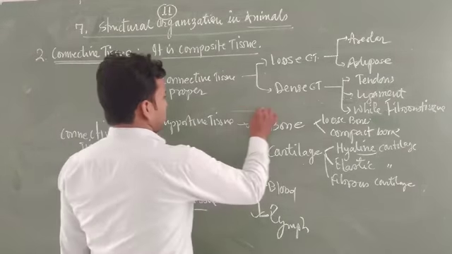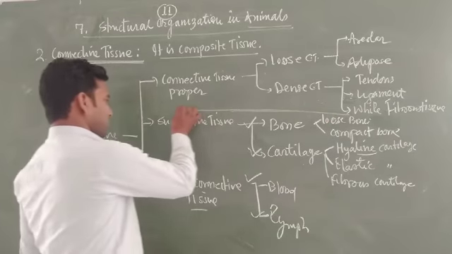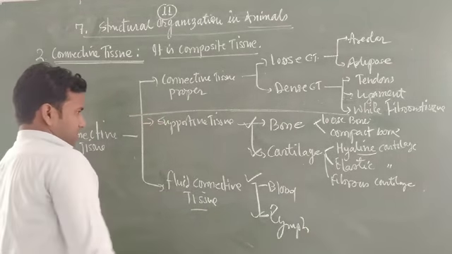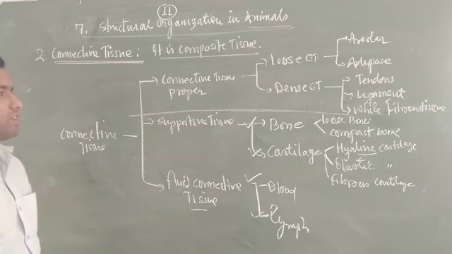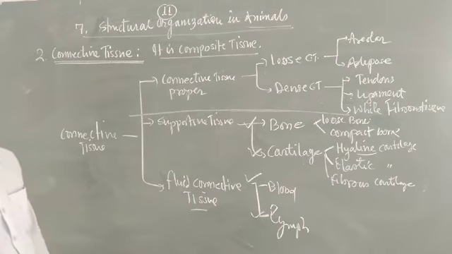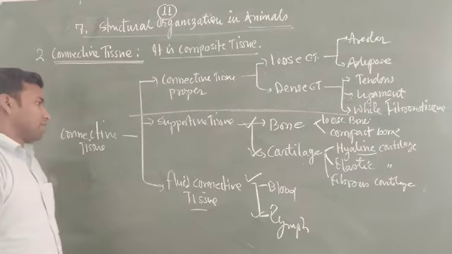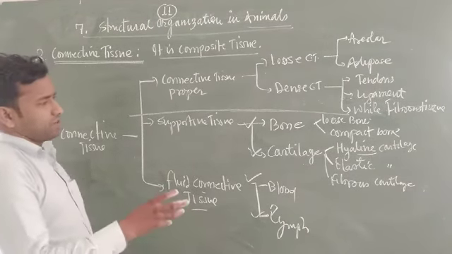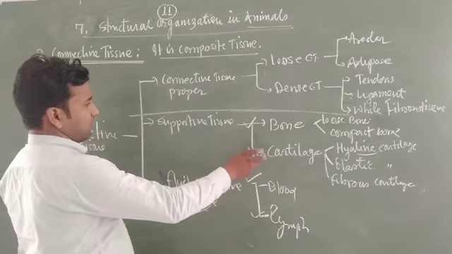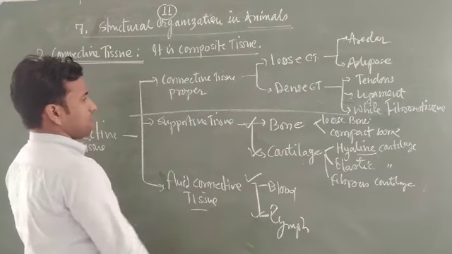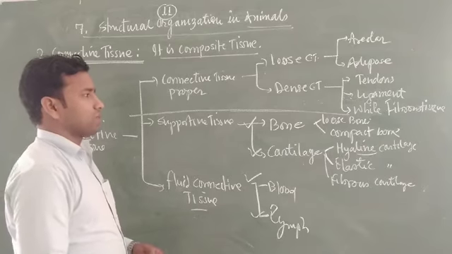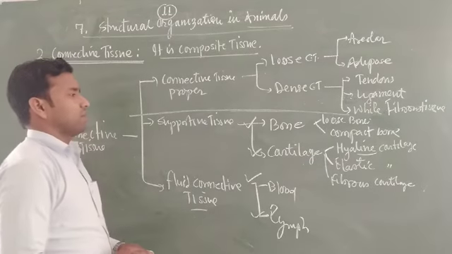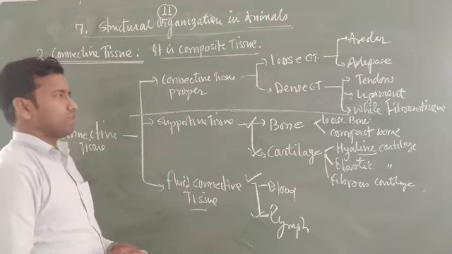These supportive tissues and fluid connective tissues will be discussed later, in a later chapter on human physiology, where these things are given in detail. Here only a summary of the different tissues should be given, to know the general things about them.